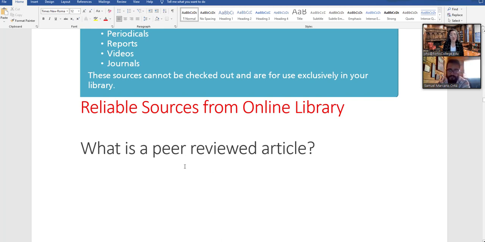For you guys, it's like when you peer review each other's papers. In the real world, let's say I write an article. Before my article gets published, the publisher is going to have other editors or other people look at my article and correct it. Then they send it back to me, and I have to recorrect my article based on what a whole bunch of other experts say. Then it gets published. That's known as a peer-reviewed article.